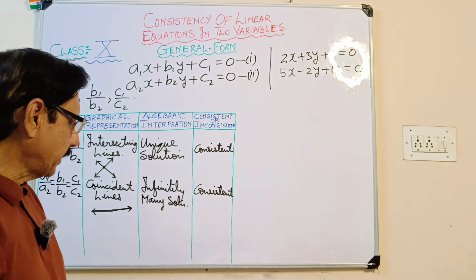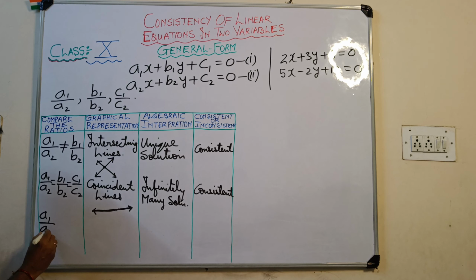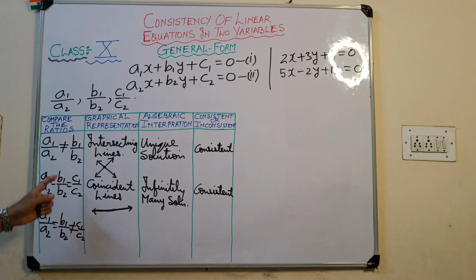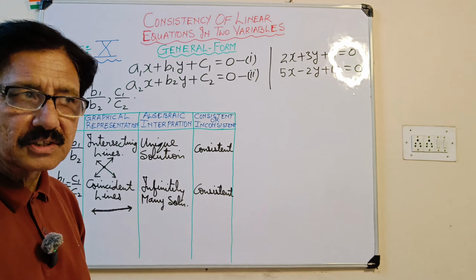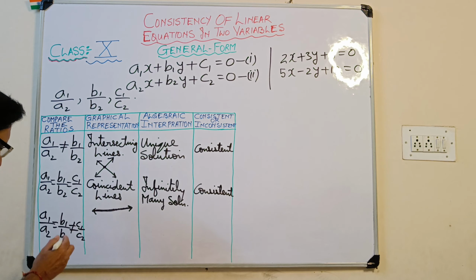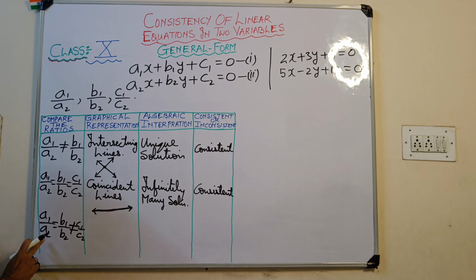Now the third case, the third possibility is that a1 by a2 is equal to b1 by b2 but not equal to c1 by c2. So these two ratios will be equal, but the c1 by c2 ratio, the constants, will not be equal to the ratios of these two.